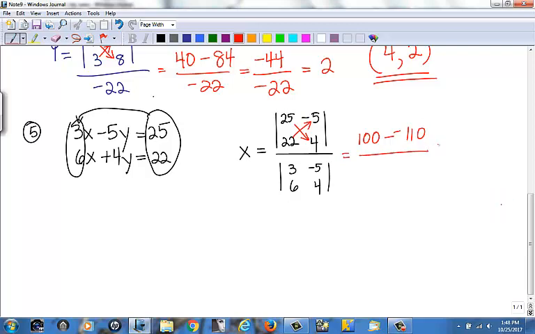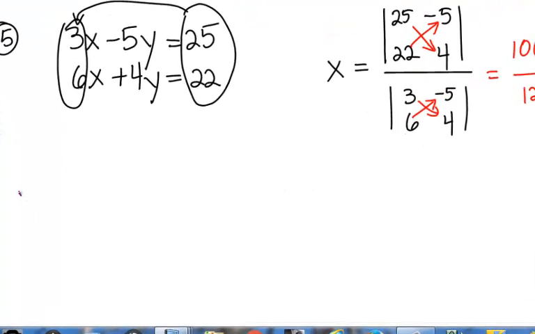So that would end up to be 210 on top. Multiply down the diagonal to the right, 12. Subtract the product coming back up. So that would be 42. 210 divided by 42 should get 5. So your x is 5.